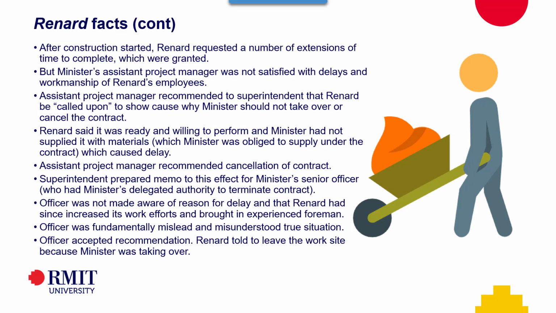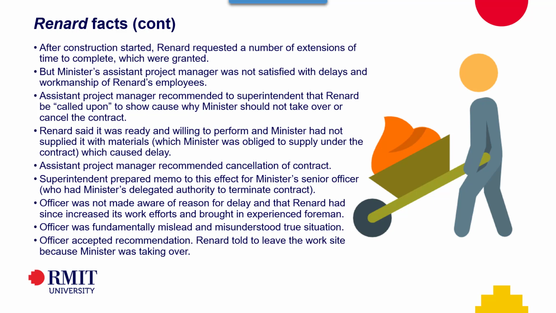And so, you know, we're talking about public servants here, so everybody's talking to somebody else. The officer himself was not made aware of the reasons for the delay, and that Renard had since increased the work, and once they had this paperwork, they were able to do the things the delays had stopped.